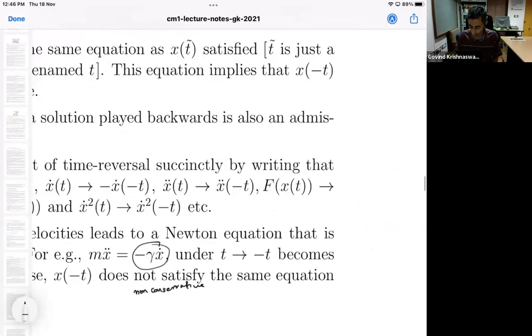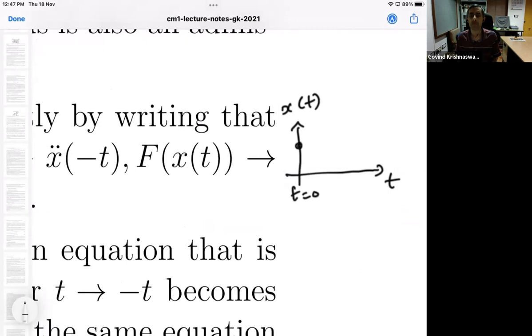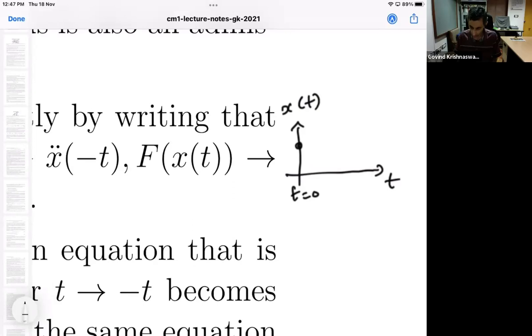So suppose this is t, and I'm plotting x as a function of time. Suppose the particle begins at t equal to 0 at some location. And suppose it is rolling on a rough surface, so that the particle does move. Perhaps its location changes with time.